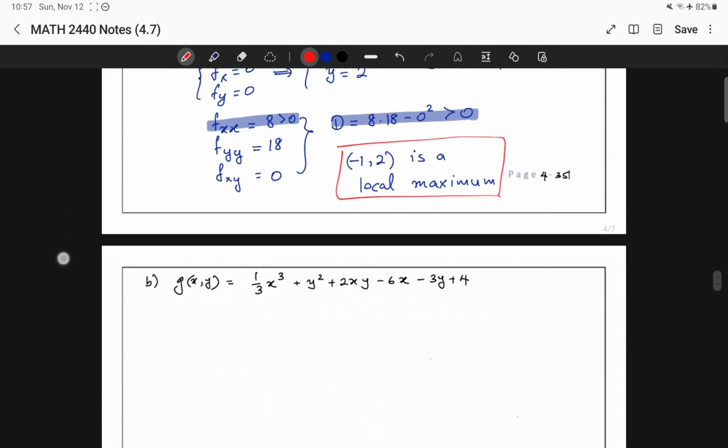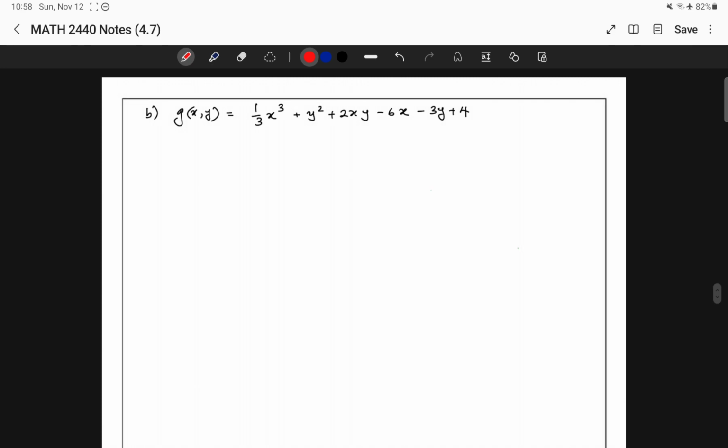Okay, so let's do one more example. Again, what we are going to do is find all critical points by making the partial derivatives equal to 0 and then find the discriminant. Partial derivative with respect to x is x squared plus 2y minus 6. Partial derivative with respect to y is 2y plus 2x minus 3.